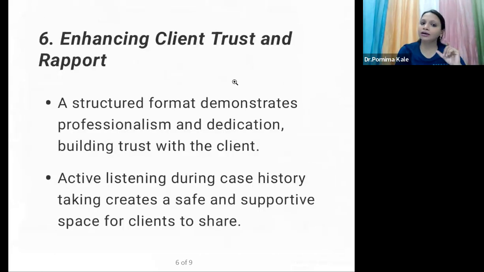Again, definitely, when we see the case history taking format, there is some demographic data: first name, then age, then gender, then occupation, then their mental elements, physical elements, so that we can create a good bond between therapist and patient.